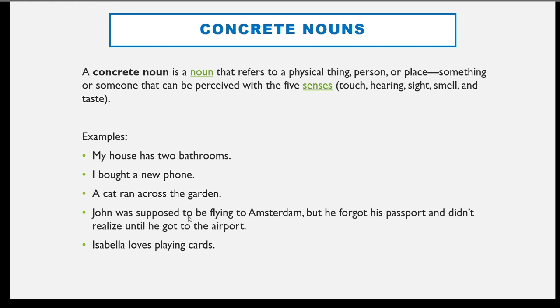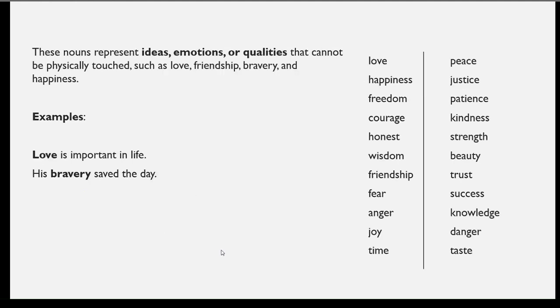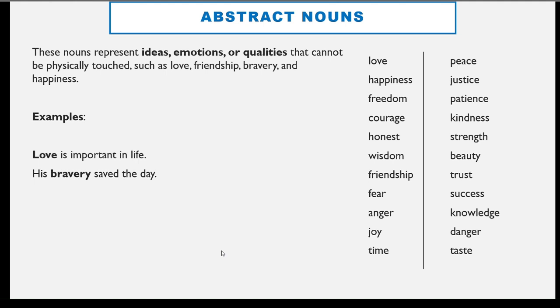The airport is a place. Isabella loves playing cards. Isabella is a person and cards are a thing. So this too is our concrete nouns.